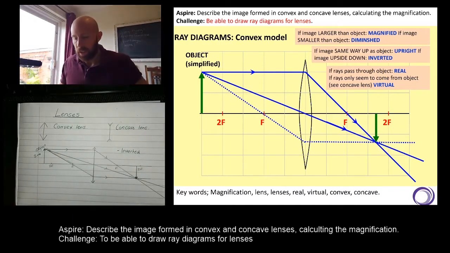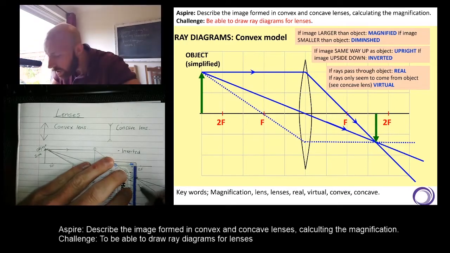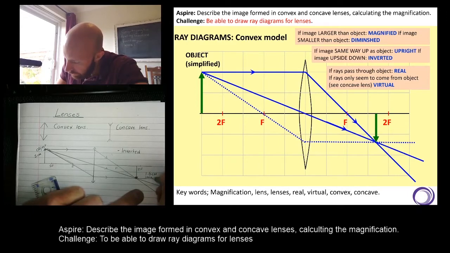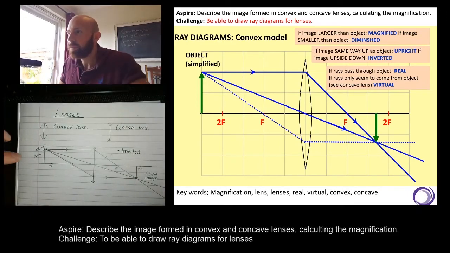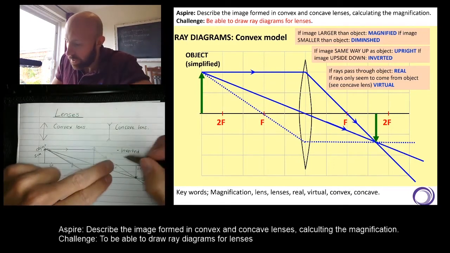We measured the first one as 2 centimeters. Let's measure this one. This one is 1.6 centimeters. So it's got smaller. The word that we use for that is diminished.